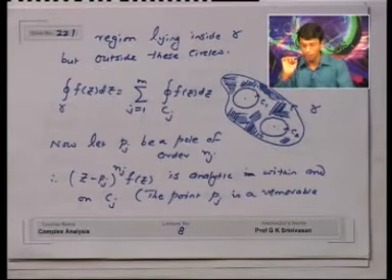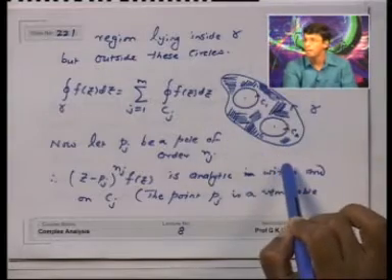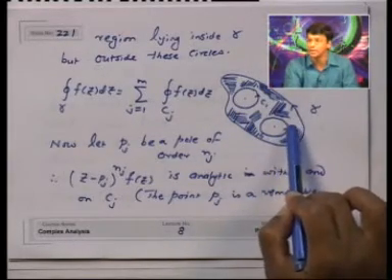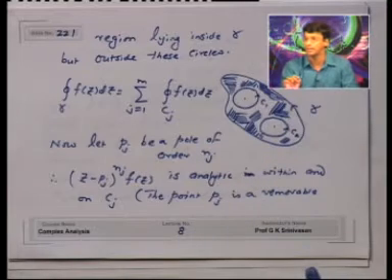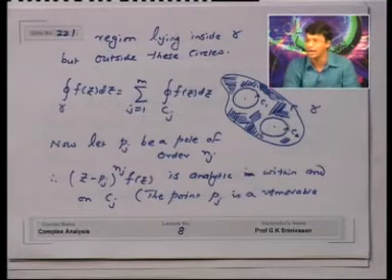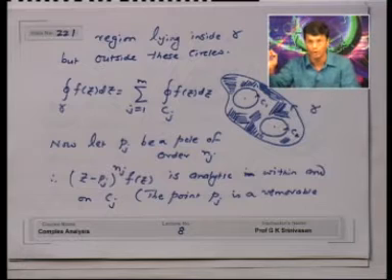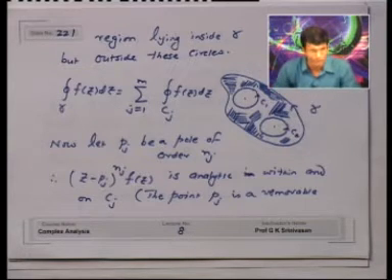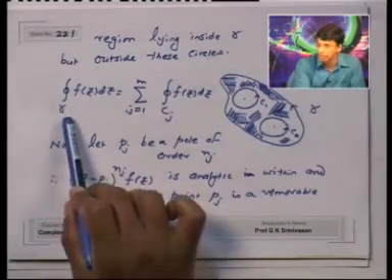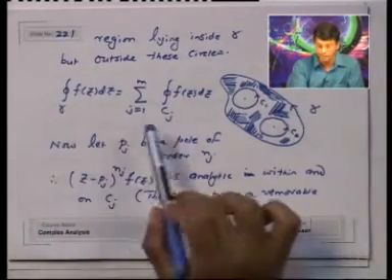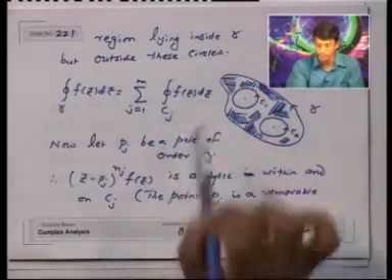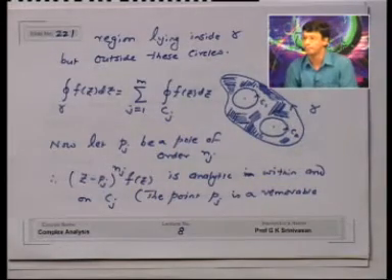So the integral over gamma minus the integral over C1 minus the integral over C2 minus the integral over C3, etc., whatever is inside. So if pj is inside gamma, it will be minus the integral over Cj of f(z) dz, and that will be 0. In other words, the integral over gamma of f(z) dz equals the summation j from 1 to m of epsilon j times the integral over Cj of f(z) dz.